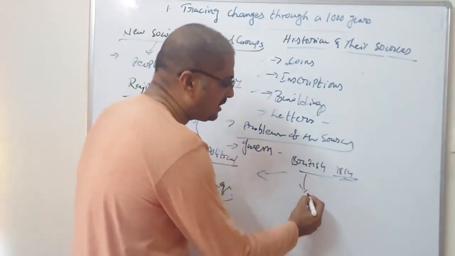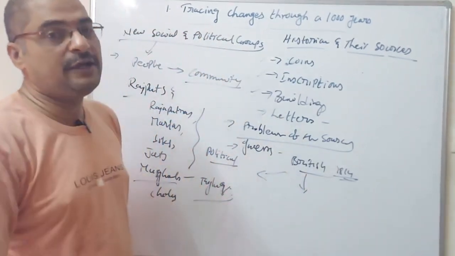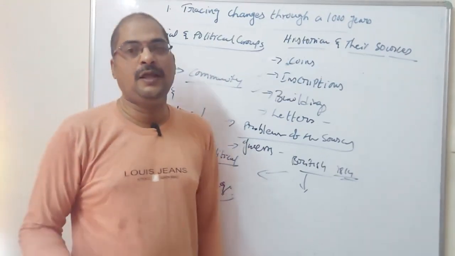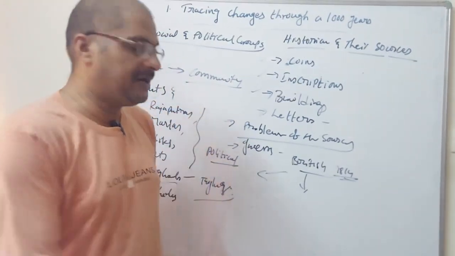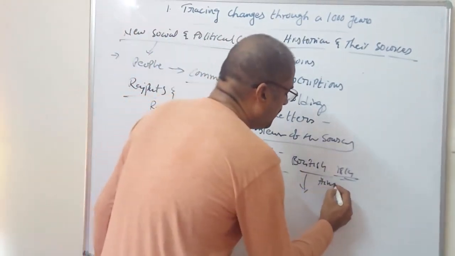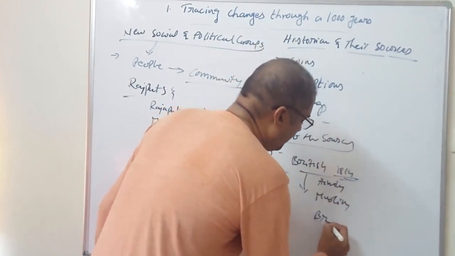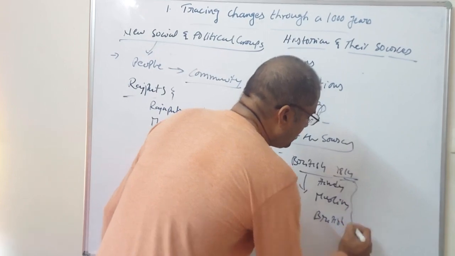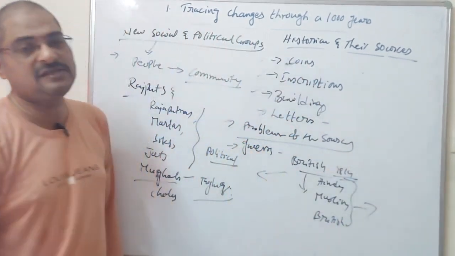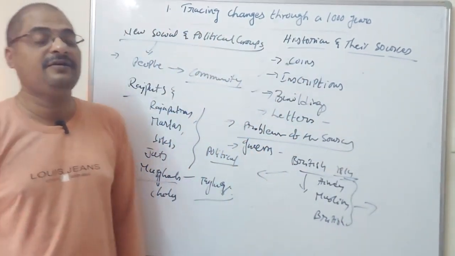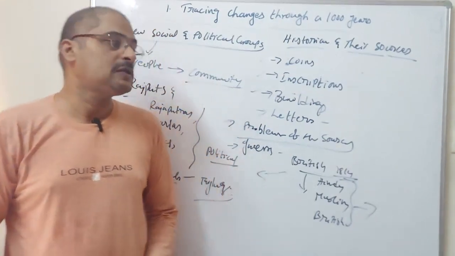According to the Britishers, the society was divided into three kinds of people only: Hindu, Muslim and British.